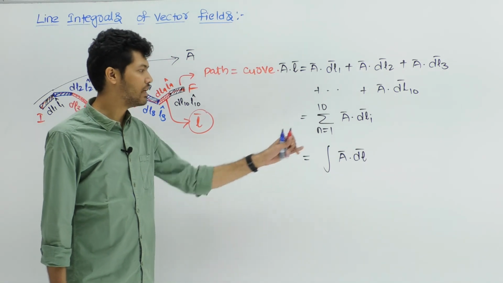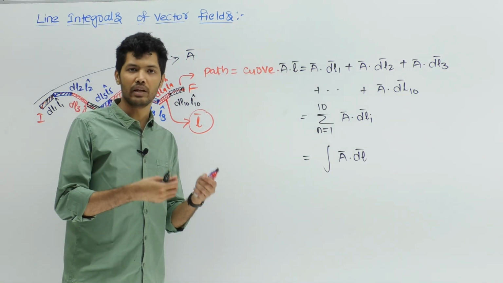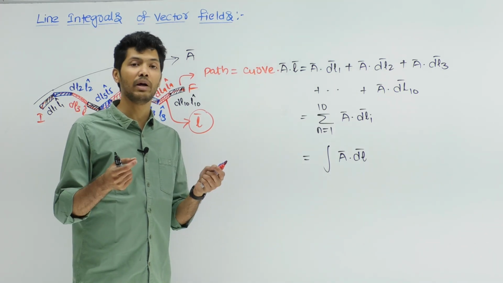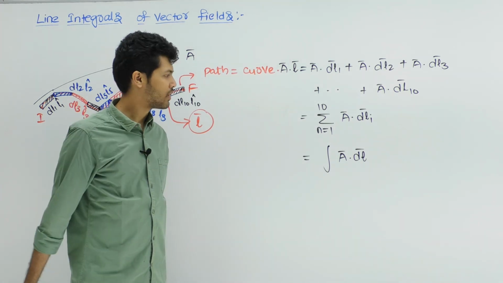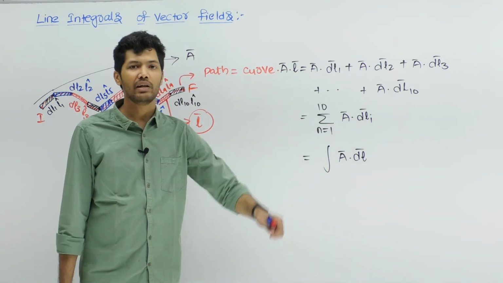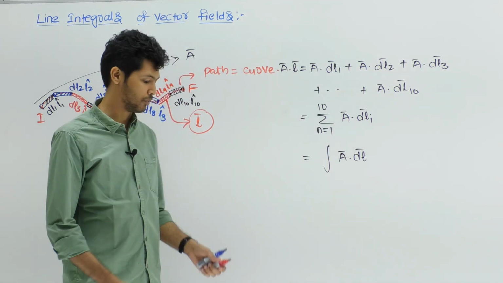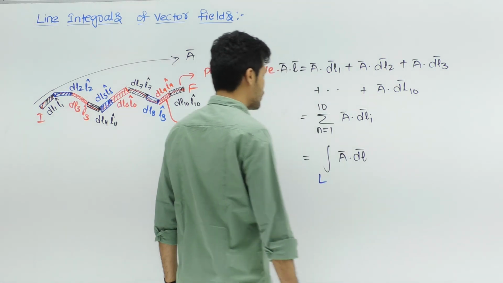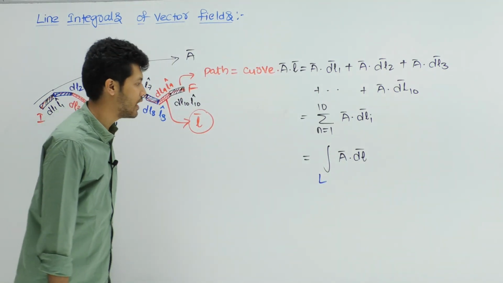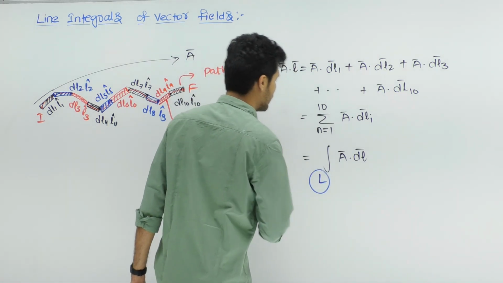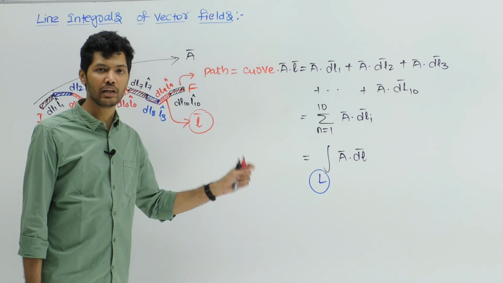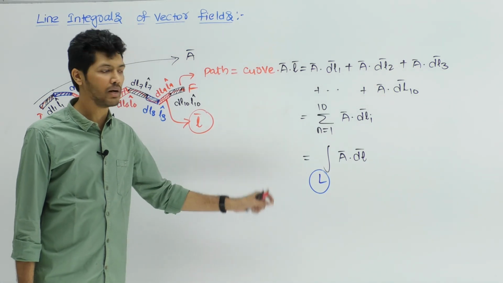And dl bar is some mathematical expression, and A bar is some vector field defined by a mathematical expression. This integration is being performed over a particular path, and let me call that path L. So finally, this is the expression of the line integration of A bar along a particular path L.